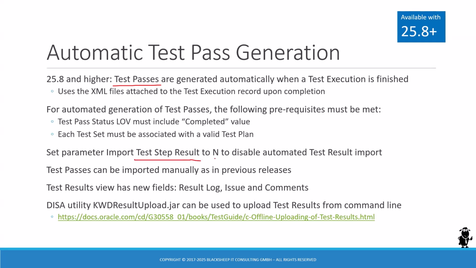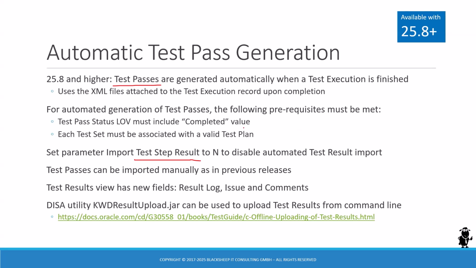So there's a parameter to control that, because obviously at the test step level, for each test script, you might have 50 steps on a test script. So there will be 50 records in the database, what happened at each step. And that's the same as you see in those HTML reports. But of course, it's a lot of data, so you maybe want to control that. So there's a parameter to control that.